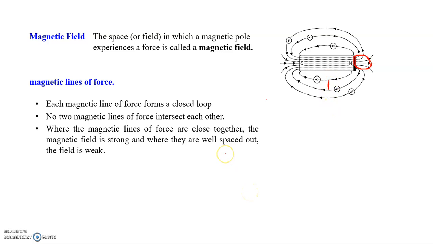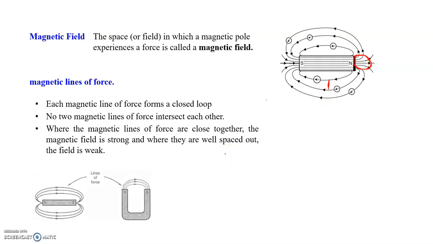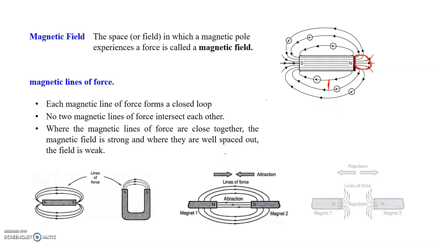Okay, so let us see the magnetic field lines of force in different cases. Here you can see the magnetic lines start from north pole to south pole, and it forms a closed loop. In this type of magnet the magnetic field line starts from north pole and ends at south pole.